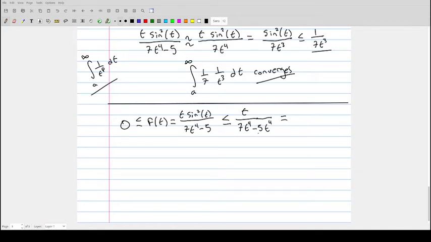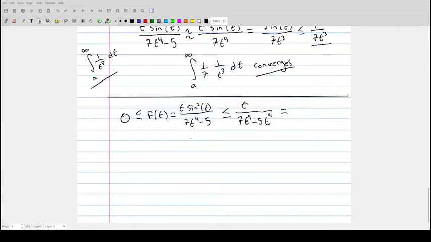And the reason we choose minus 5t to the fourth is because if you have any fraction, a over b minus, and I'll use this exact number, say b minus 5, this can always be made smaller by making the subtraction here larger. So this is always going to be less than or equal to, say, a over b minus 6.